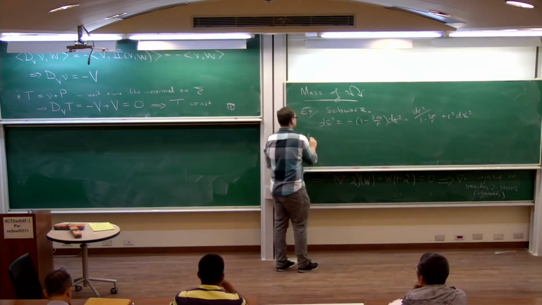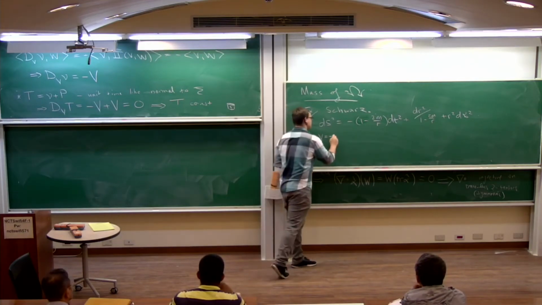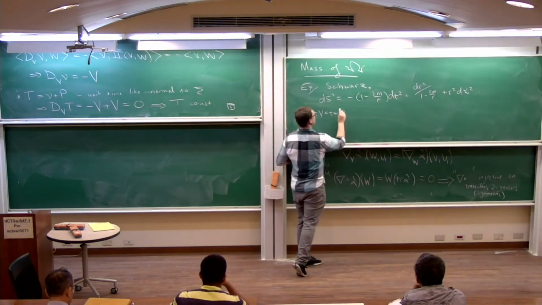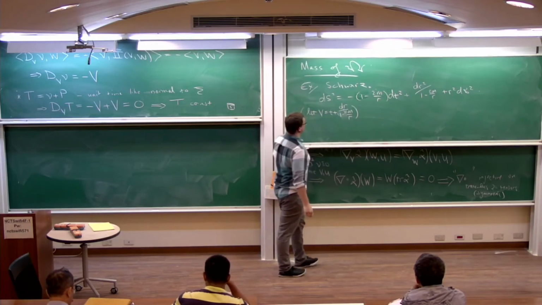And I can make a similar change as we saw in Peikan's lecture with choosing my v to be, no, this is what you would do in Minkowski. This is what you would do in Schwarzschild.